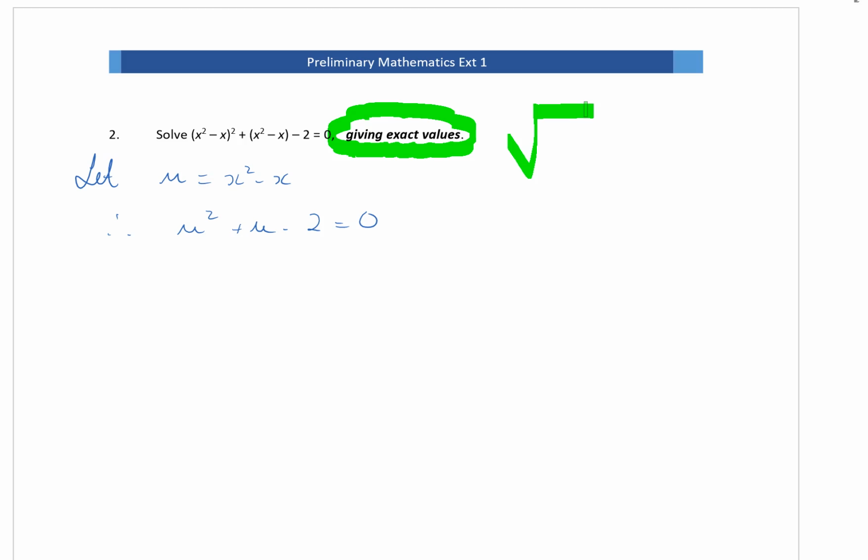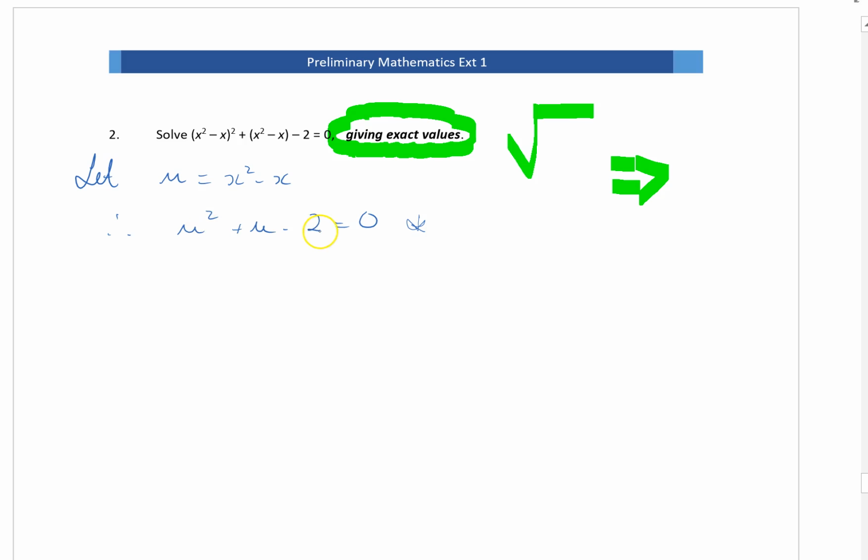So it's indicating that you will possibly have a surd in your solution, and a surd in a solution involving a quadratic leads me to think about the quadratic formula, the minus b plus or minus square root b squared minus 4ac all over 2a. However, back to this situation, it's not looking like I need to go to the quadratic formula.